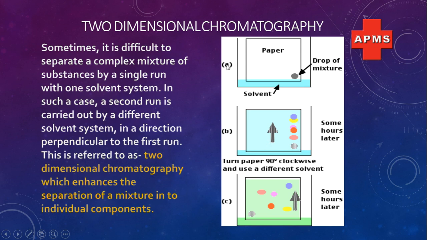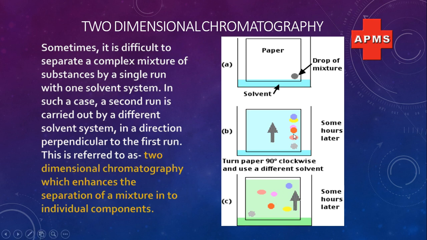See in this diagram, this is the paper which is dipped in this solvent. This is the point of sample. When the experiment runs, all components separate here, but some components are very close on this paper. So what we do is turn the paper 90 degrees clockwise or anti-clockwise, whatever we do, and use a different solvent.